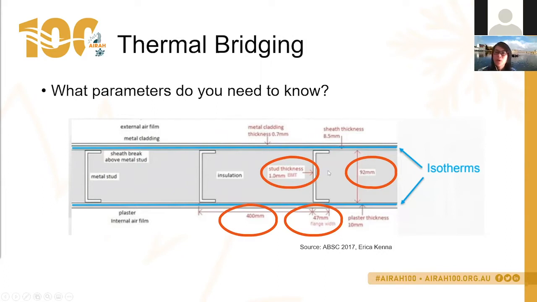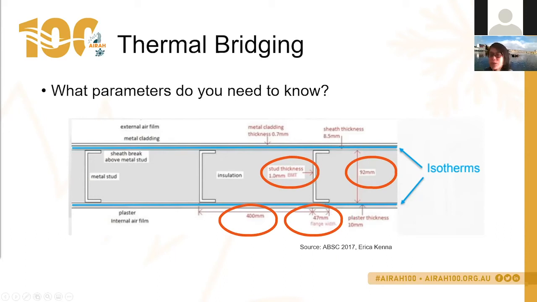You need to know what your stud thickness is, and often that's quoted in terms of base metal thickness. And here it's a 1 mil thick flat metal framing stud. The other thing you need to know is the flange width. So that's the 47 mils that you can see here in this example.